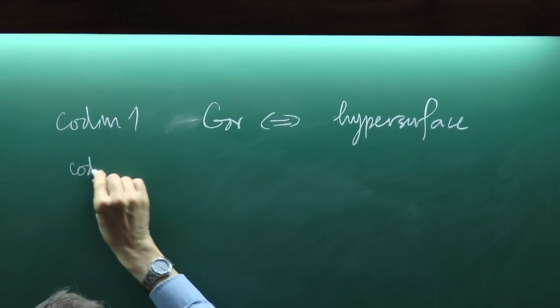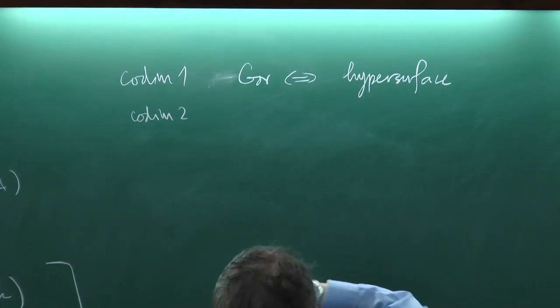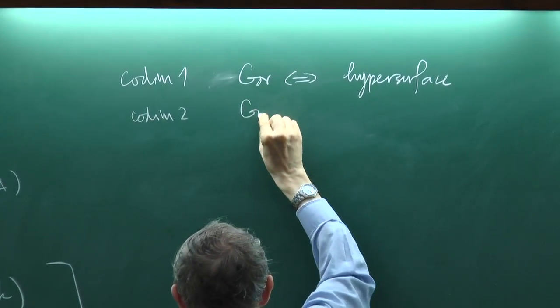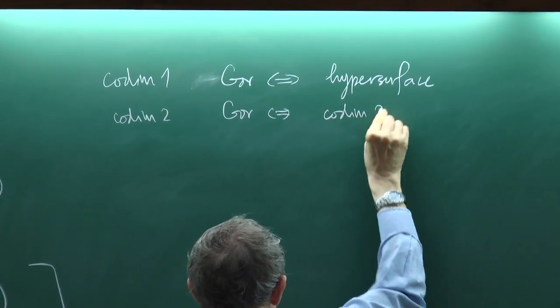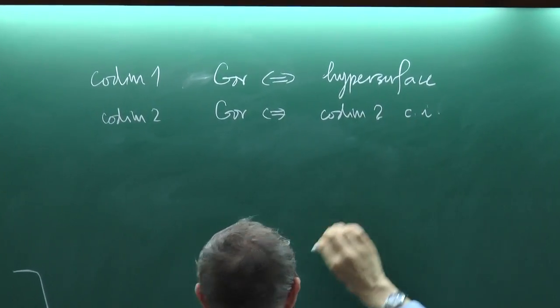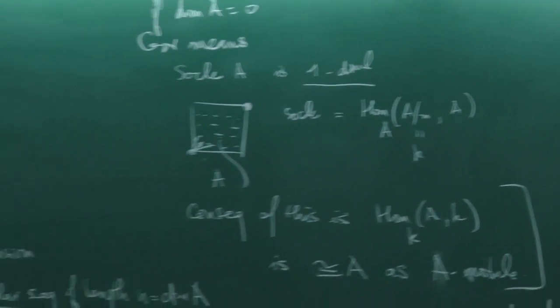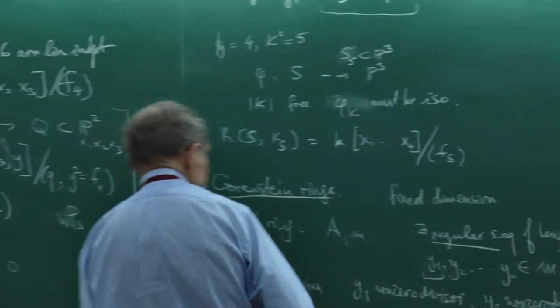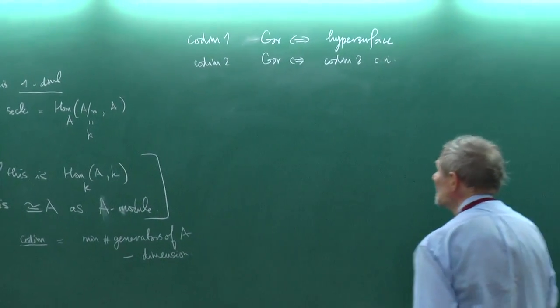Codimension 2: in this case Gorenstein is equivalent to Cohen-Macaulay. Gorenstein if and only if codimension 2 complete intersection. There was an example already on the board here. This is a theorem, called the Hilbert-Birch theorem.